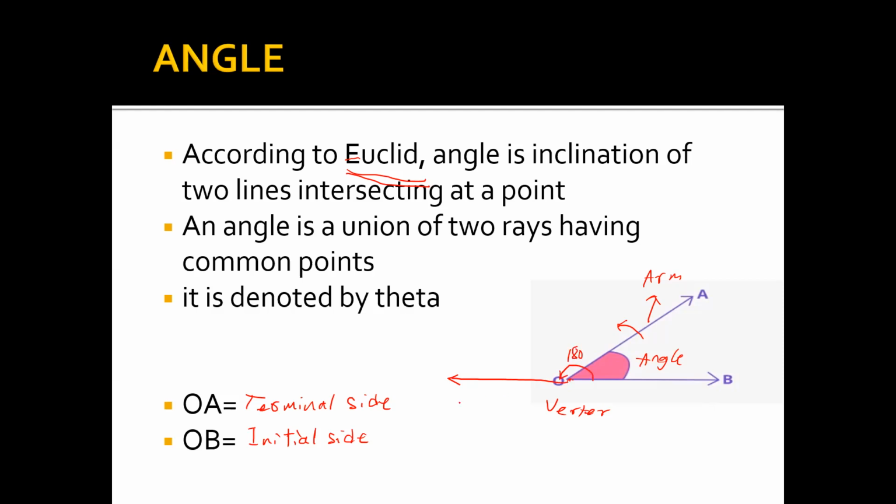So the condition is, if the terminal side is rotating clockwise and comes exactly opposite of the initial side, and they are collinear, then they are making 180 degrees. And this 180 degree angle is called a positive straight angle.